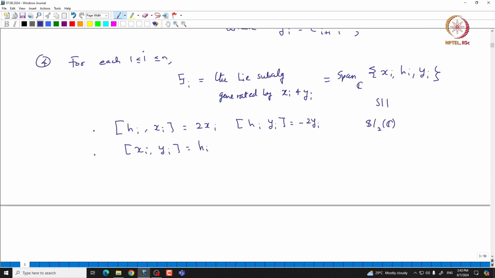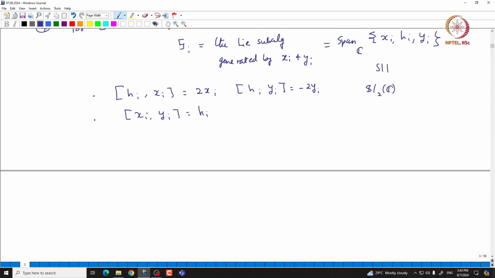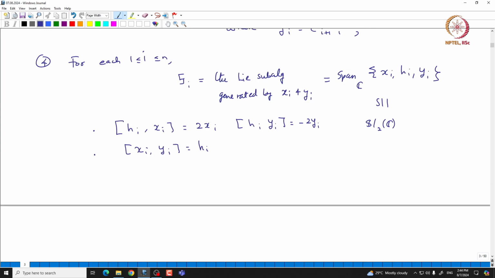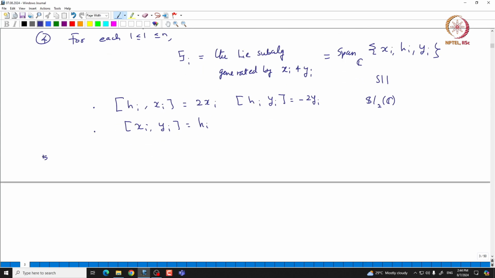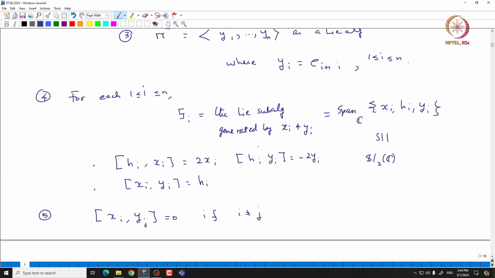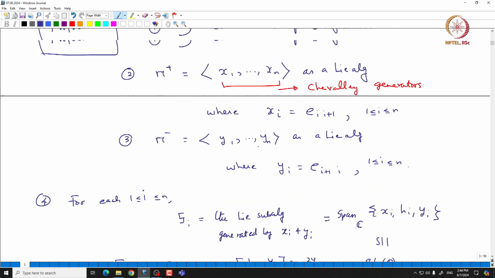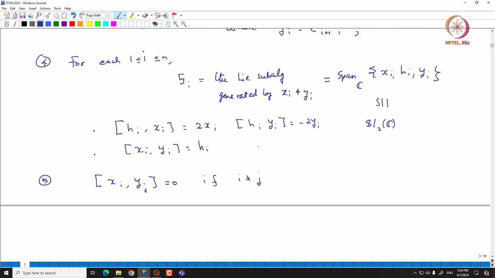Now if we take these x_i's and y_j's and see how they interact, it is easy to see that x_i and y_j commute if i is not equal to j. So, indeed all these relations hold in your Lie algebra.